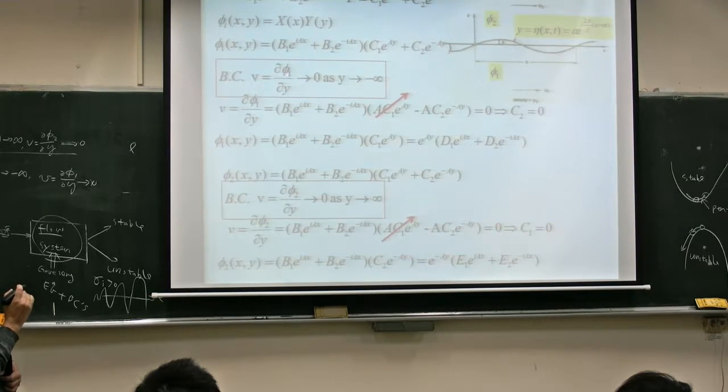So for phi 1, below the interface, we have to apply this. When y goes to minus infinity, our partial phi 1 partial y should approach 0. So v is equal to partial phi 1 partial y. When I do that, I take the partial derivative with respect to y, so it becomes A C1 e^(Ay) minus A C2 e^(-Ay).